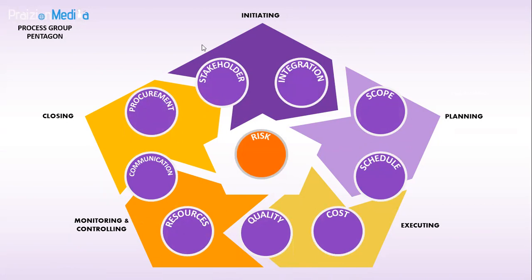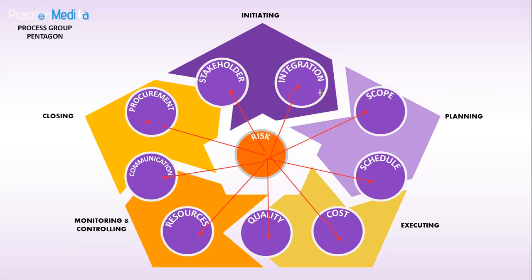You could view the aspect of scope from a risk lens. You could view the aspect of schedule from a risk lens, because you could have scope risk, schedule risk, cost risk. You could have quality related risks, resource related risk, communication related risk, procurement related risk, and even stakeholder related risks. Putting everything together through configuration management, change management, and the project management plan could end up being a risk itself.